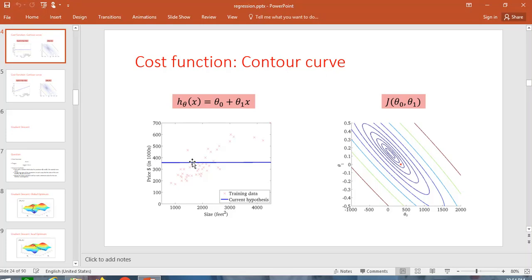In the figure on the right, we select a random point. We see that it is not the best point. We draw another hypothesis, and we have shown the point representing the values of theta 0 and theta 1 in the figure. You can see that this hypothesis is better than the previous one, but not the best.